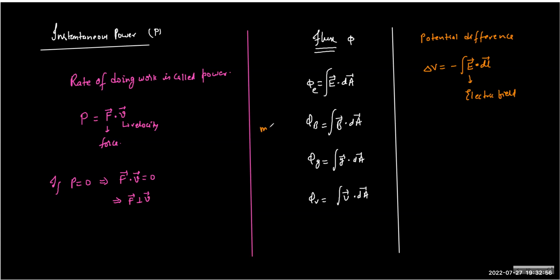This is called magnetic flux. Gravitational. Velocity flux. Electric flux, and so on. We have the potential difference relation.